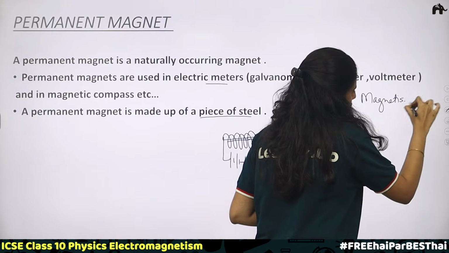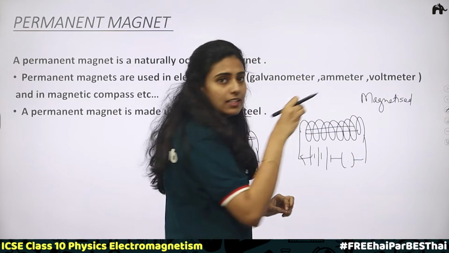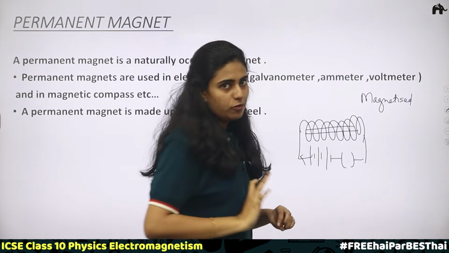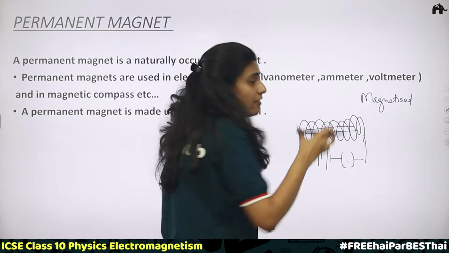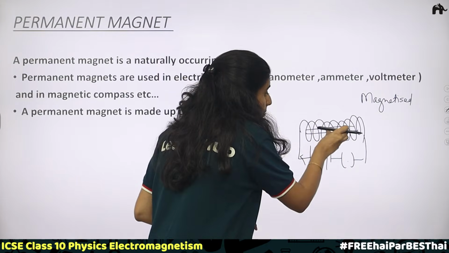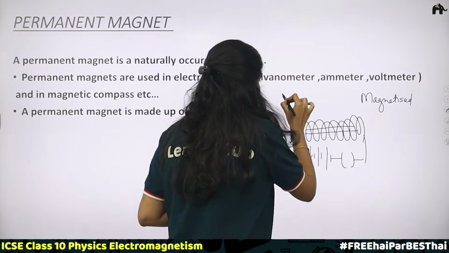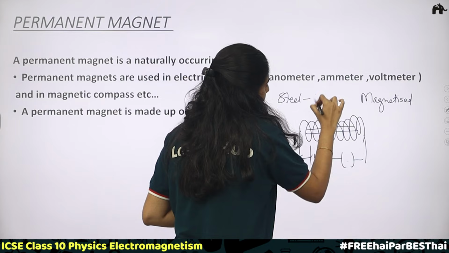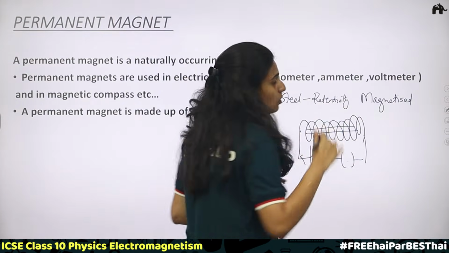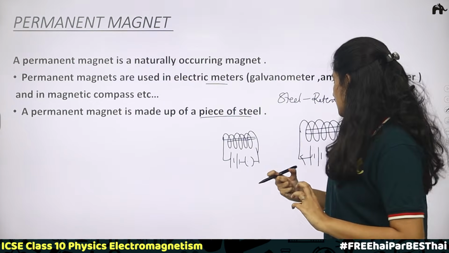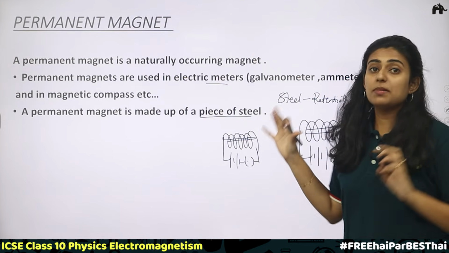Even if the current stops flowing, that is, we remove the plug key, the piece of steel will still have magnetic properties for a long period of time. So we say that steel has high retentivity. Retentivity is the property to retain its magnetic properties even after the flow of current stops. So this is what a permanent magnet is.